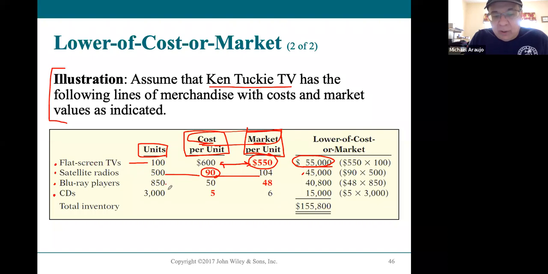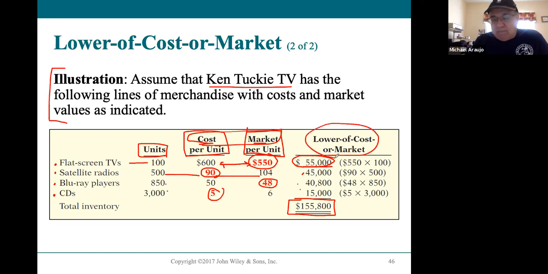The number of units, and we would pick the lower of the cost or market to create our value. So this company would say the value of their inventory is $155,800 based on the lower of cost or market system of valuing inventory. Okay. This again guarantees that they're not overstating the value of the inventory for the asset.